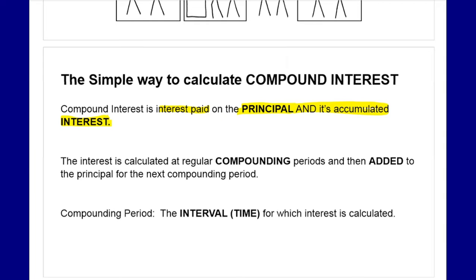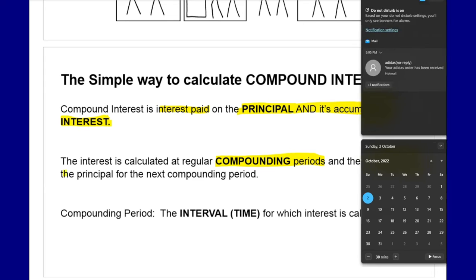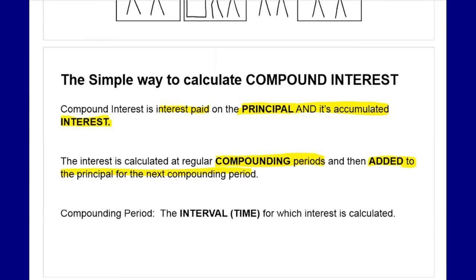So the interest is calculated at regular, what we call compounding periods, and then added to the principal for the next compounding period. So for the next compounding period, we're adding the interest that we earn. So we're basically earning interest on our interest. And then a compounding period is the interval or the time for which interest is calculated.